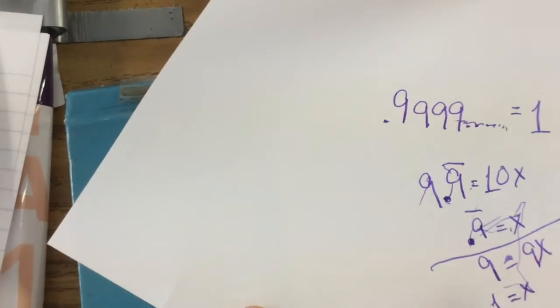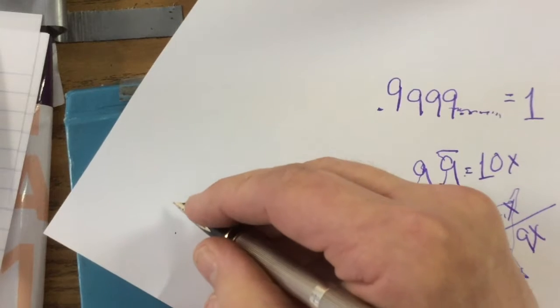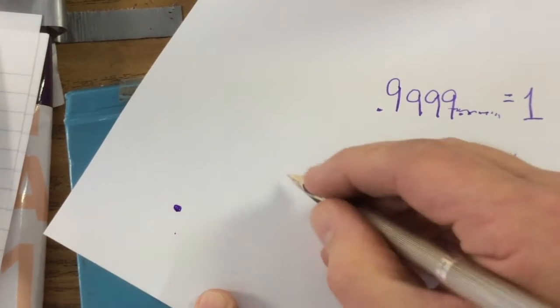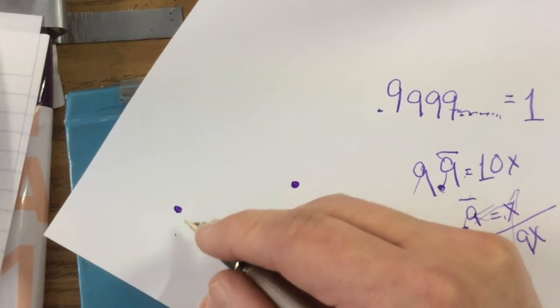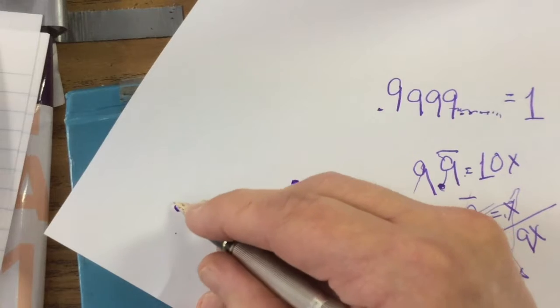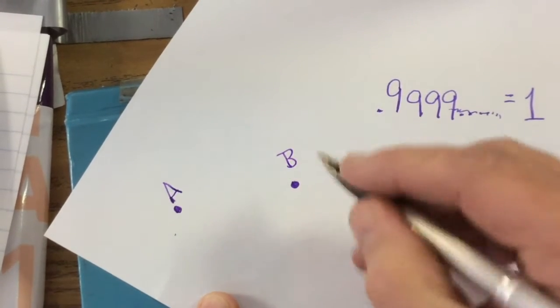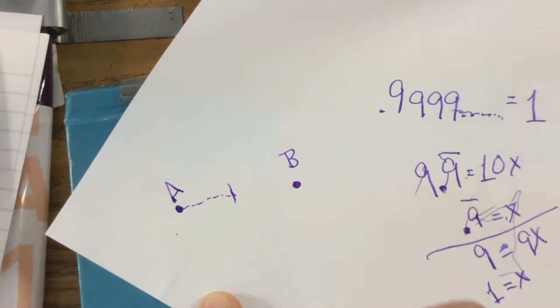Now, okay, one more little thing to hurt yourself with. This is called Zeno's paradox. This is from ancient Greece. If I want to go from point A to point B, I can't get there without getting past the halfway mark.